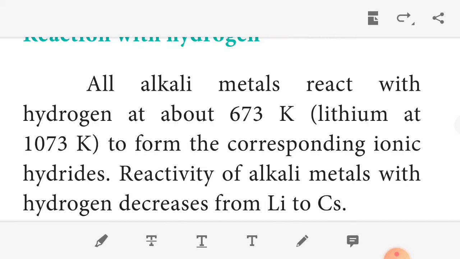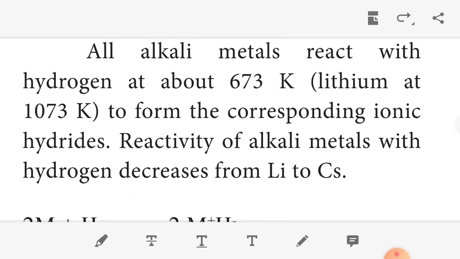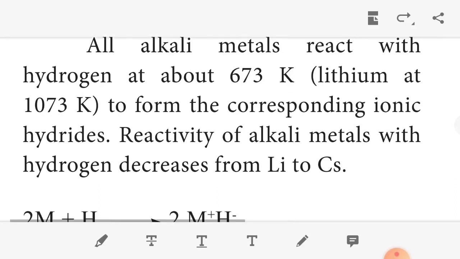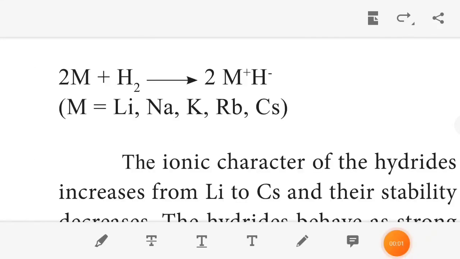All alkali metals react with hydrogen at about 673 Kelvin, whereas lithium reacts at 1073 Kelvin, as we discussed in the physical properties, to form the corresponding ionic hydrides. The reactivity of alkali metals with hydrogen decreases from lithium to cesium. The metal M reacts with hydrogen to form M plus and H minus.